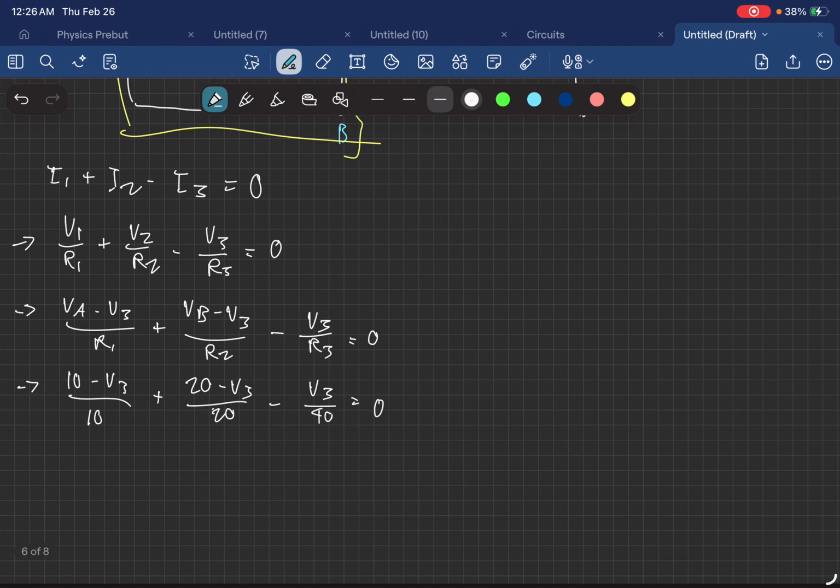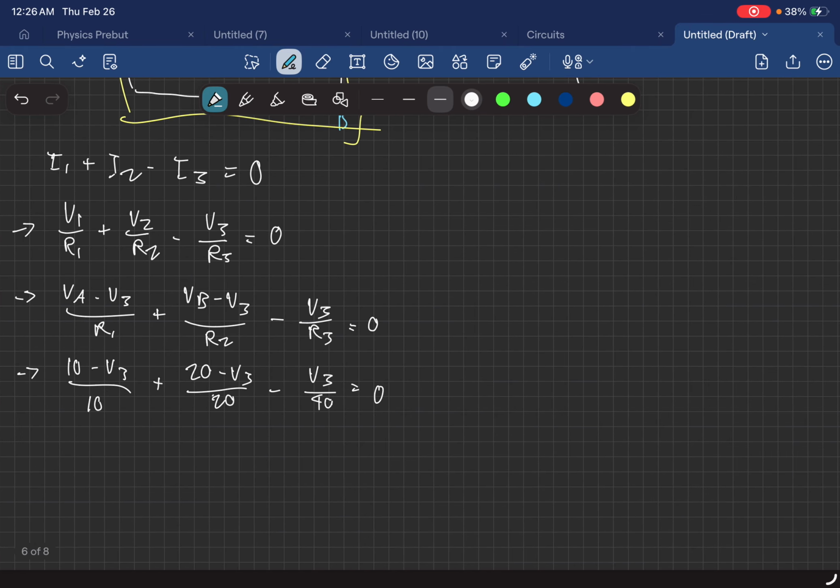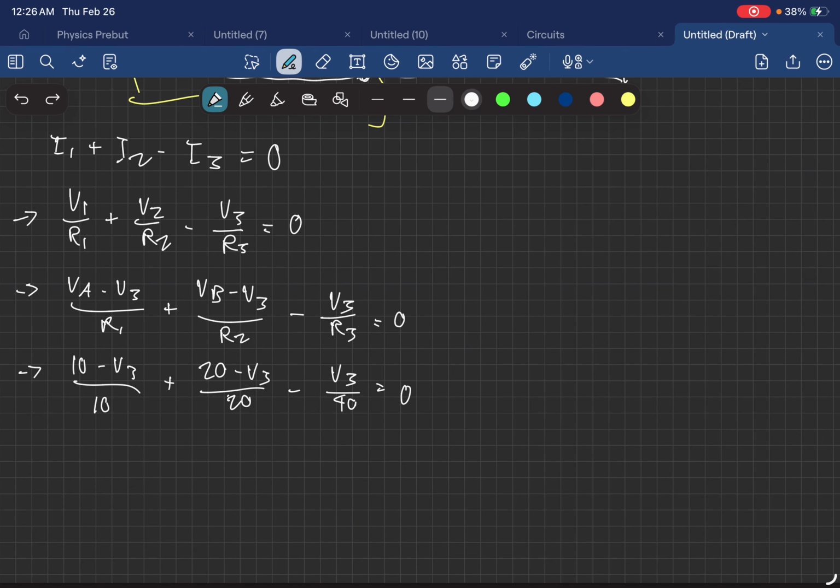So you can get the LCD. You can do this manually, like this, or you can distribute the denominator, so it's going to look like 1 minus V3 over 10, 1 minus V3 over 20, stuff like that.